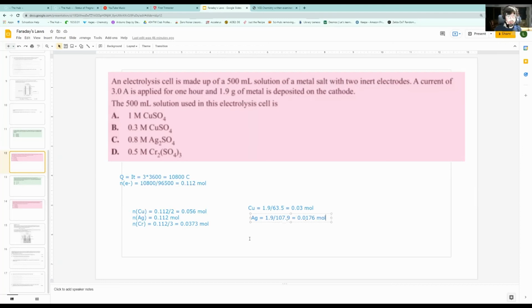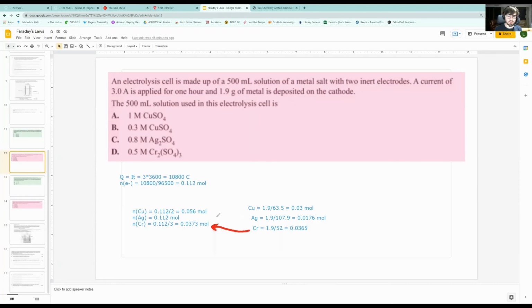And finally, we have chromium, which is going to be 1.9 again, divided by the mass of chromium, which is 52, and it's going to be 0.0365. So out of the three of these, the closest one seems to be the chromium here.